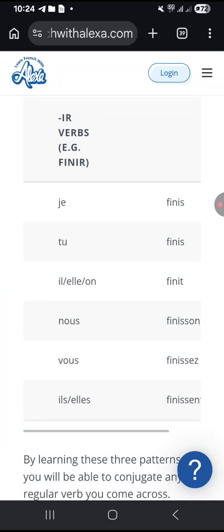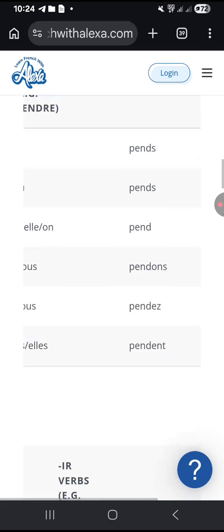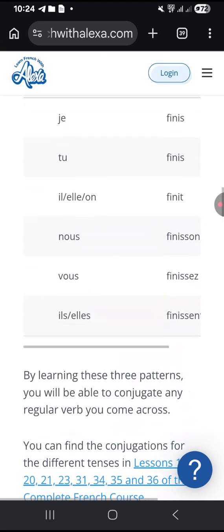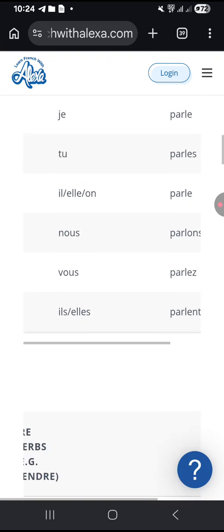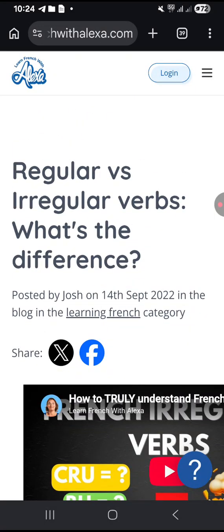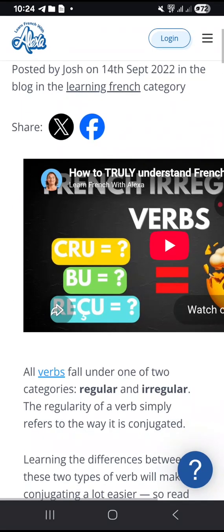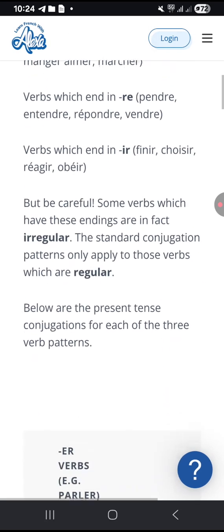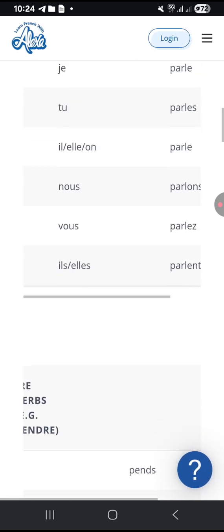Je finis, tu finis, il finit, nous finissons, vous finissez, ils finissent. These conjugations keep on changing in both regular and irregular verbs, but in irregular verbs the conjugation follows different rules. In both, the similarity is that they have er, ir, and re endings, but the conjugation may differ in the irregular verbs. They may have a different set of rules.